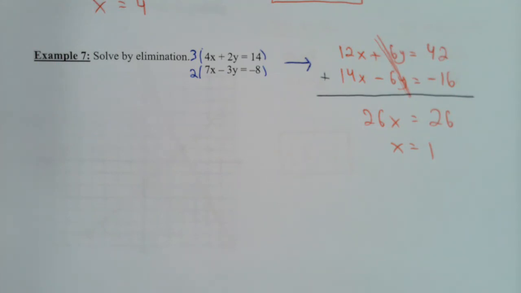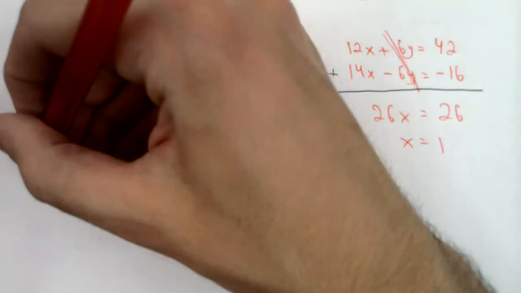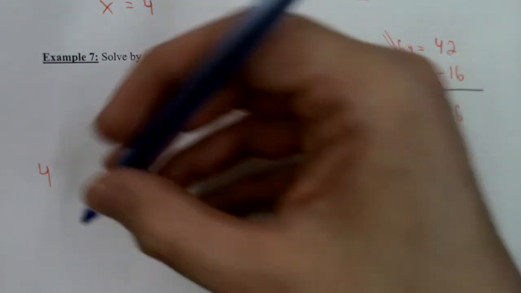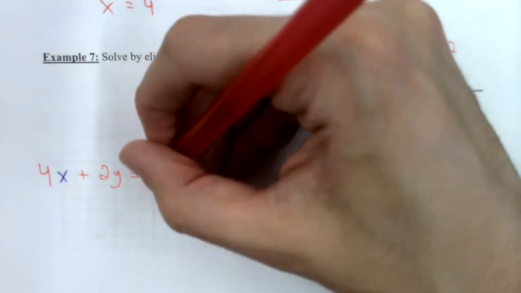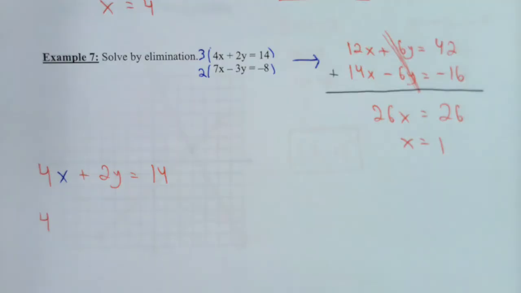And now you can go solve for y. Go back into any equation you want. I'll choose the top one. So we have 4x plus 2y equals 14. Replace the x with 1.